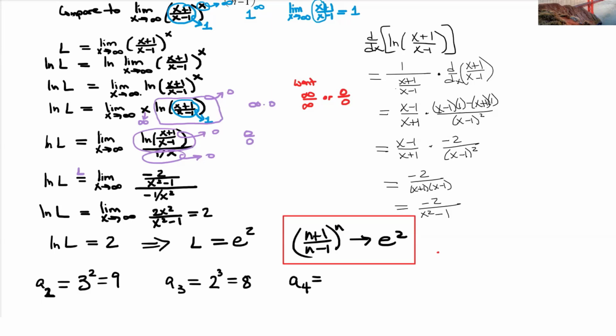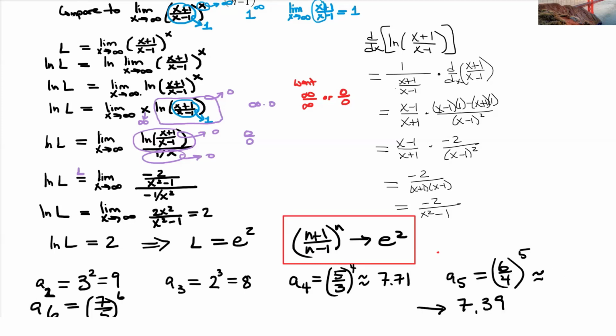And a4 would be 5/3 to the 4th power, which is approximately 7.71. And then a5 would be 6/5 to the 5th power.